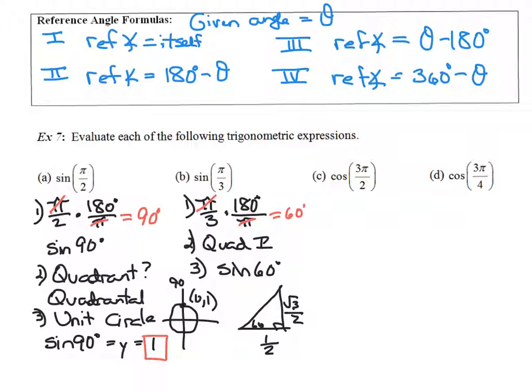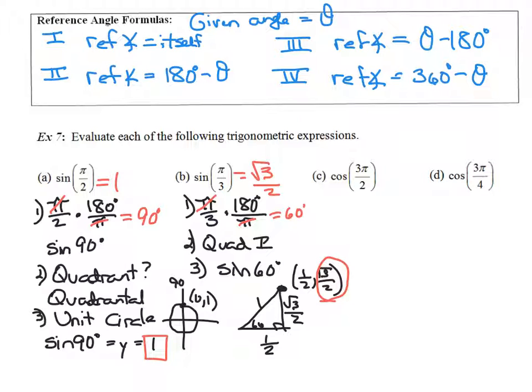Across from the 30 is 1/2. Hypotenuse would be 1. So I need this ordered pair on my unit circle. That ordered pair would be (1/2, radical 3 over 2). And since it's the y-coordinate, I'm going to take the y answer and say that this answer is equal to radical 3 over 2. This one was irrational.